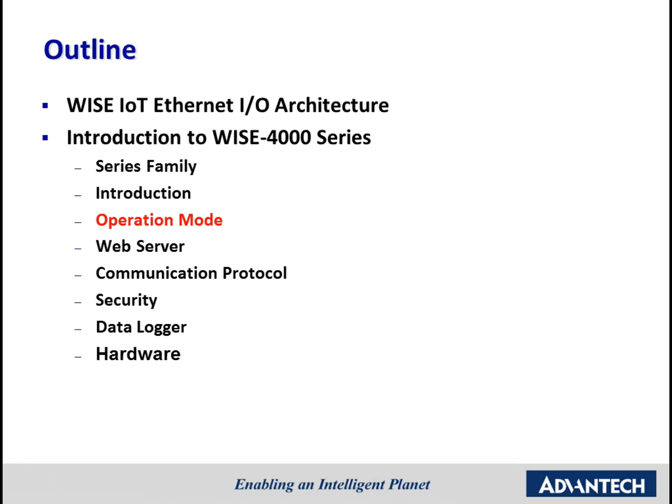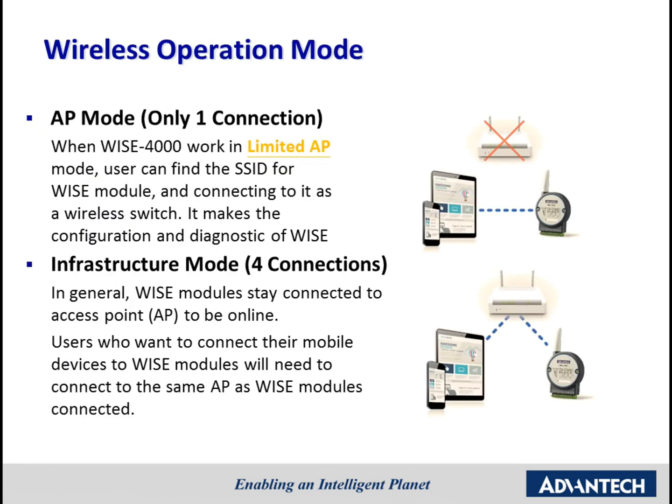First, let me explain the operation mode. WISE has two kinds of operation mode: AP mode and infrastructure mode. In AP mode, WISE will broadcast the SSID, which is composed of the module name and MAC address. Then you can use your mobile device or laptop to connect with WISE directly through the SSID to make configuration and diagnosis.